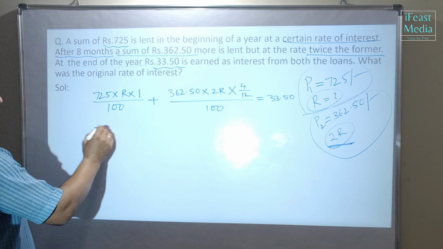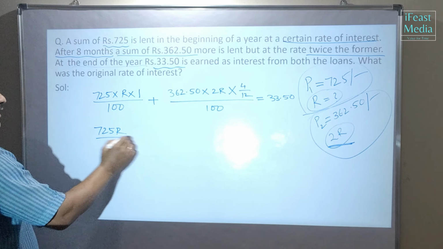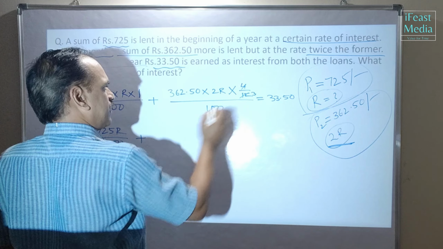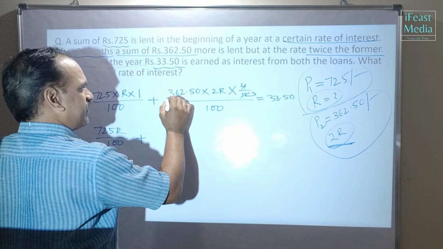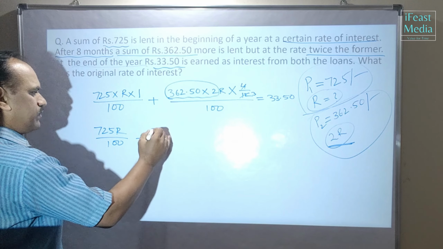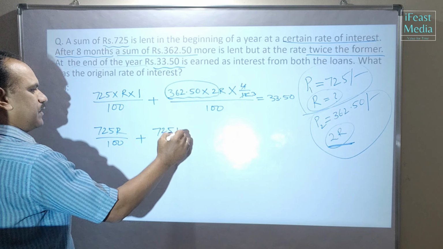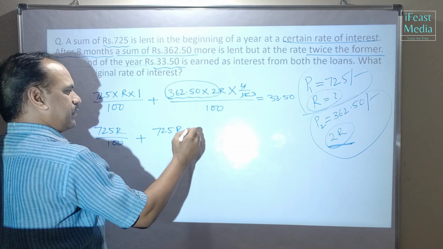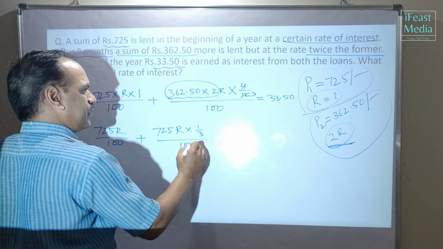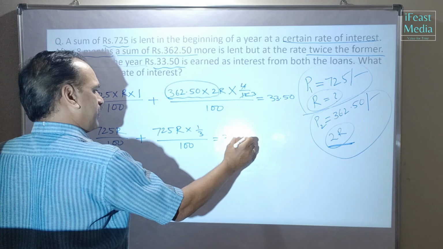Now this is 725R by 100 plus this is 3. Here you observe that 2 into 362.5 is also 725. Then 725R into 1 by 3 by 100 equal to 33.5.